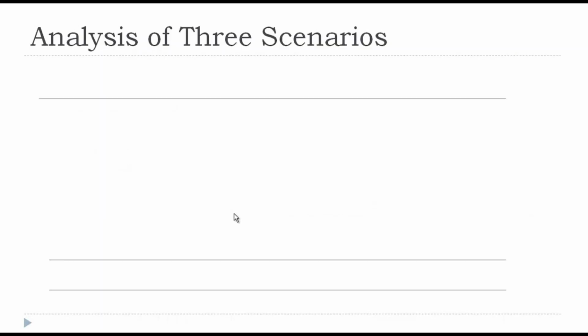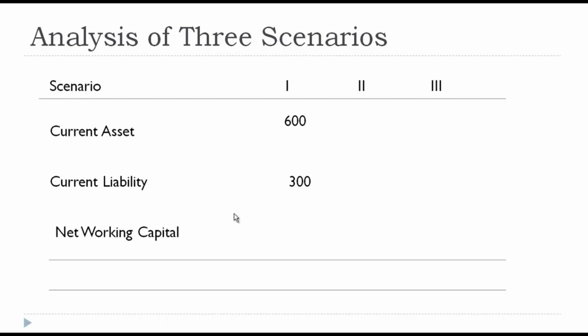So now we'll do the analysis of all the three scenarios. We'll have scenario 1, 2 and 3. In scenario 1, our current asset was how much? 600. The current liability was 300, and there was something called net working capital of 300. What is that net working capital of 300?